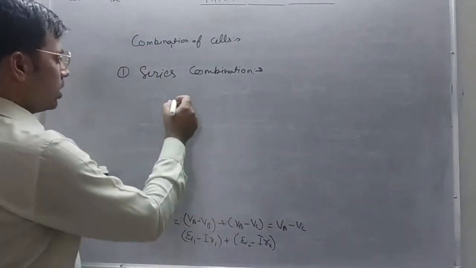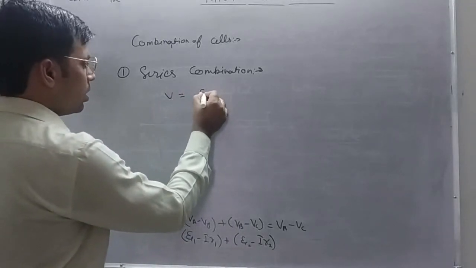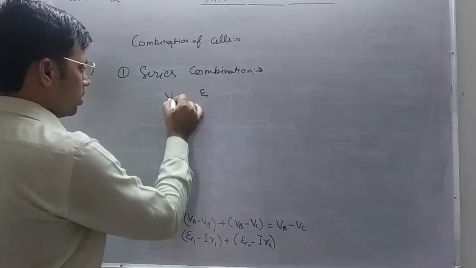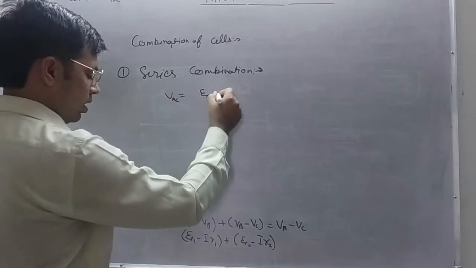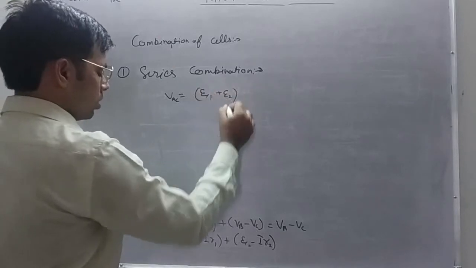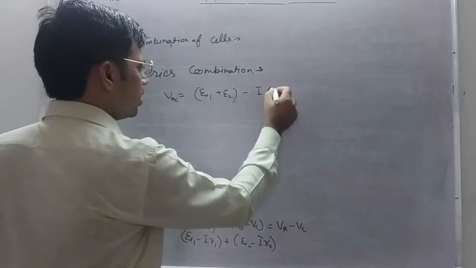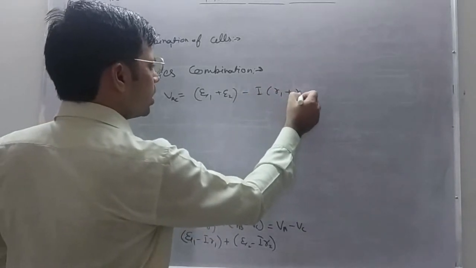Now just expand it, and the potential across the AC terminals is E1 plus E2 minus I times R1 plus R2.